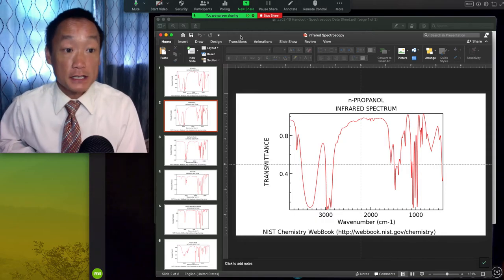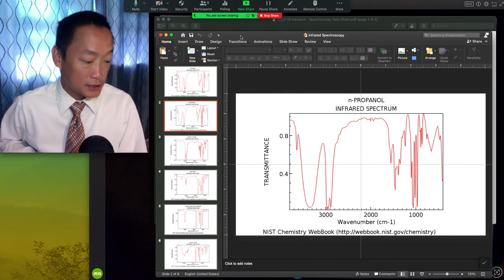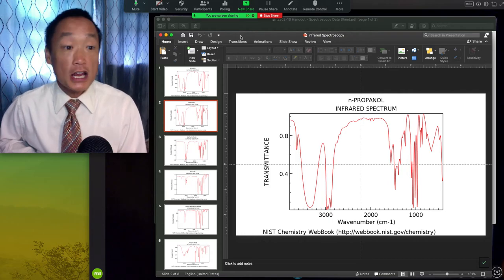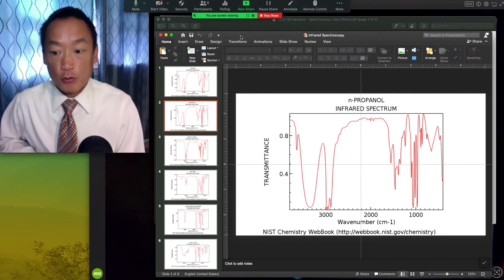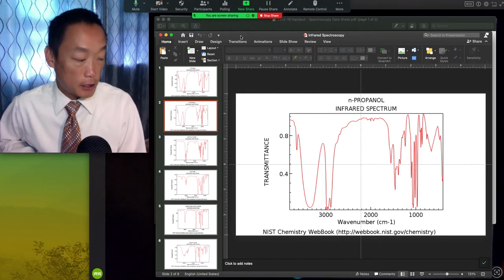A lot of physicists have been integral in the development of this type of technology as well. This is just some really neat stuff. I want to be able to just talk about the shape of these types of things, and I also want to be able to talk about peaks.